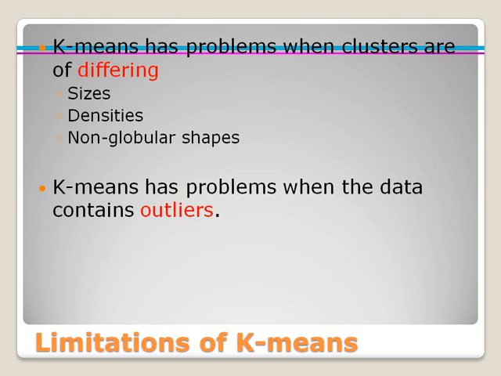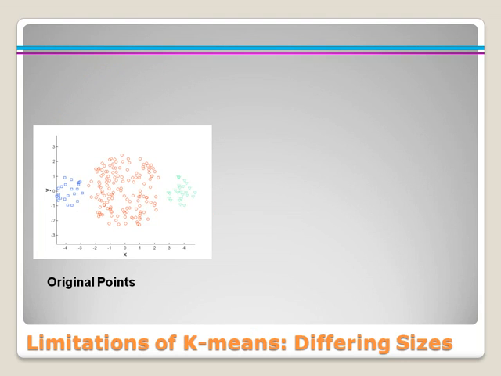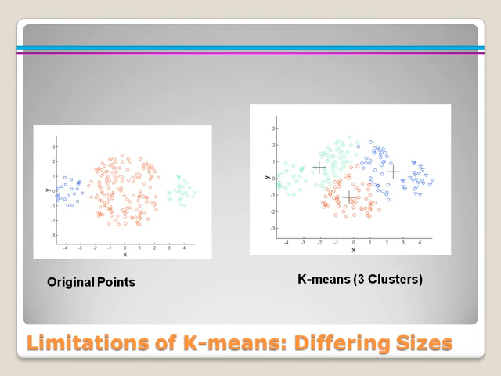K-means has a problem, especially when the clusters have different sizes, different densities, and different shapes. K-means also has a problem when the data contain outliers. This is the original data. For example, for 3 clusters, K-means will decide on the centroids that it thinks are the best solution for us. As you can see, this is wrong.